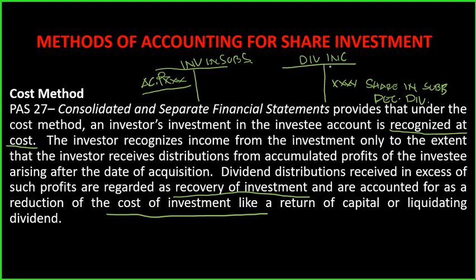In the process of recognizing income, if the subsidiary declares dividends, the share of the parent will be recorded as dividend income. Now, what is this recovery of investment, or dividend distributions in excess of such profits?